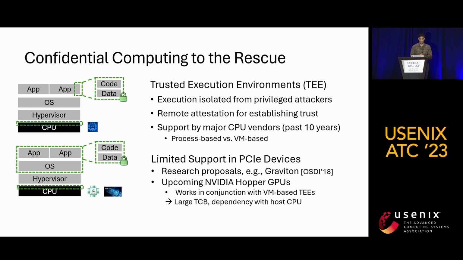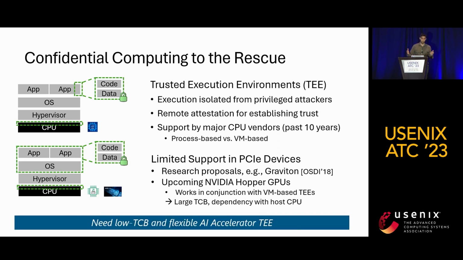They're great. They work in conjunction with VM-based TEs, like the ones from AMD and Intel. But I believe that they come with large TCBs, right? You have to trust entire runtimes, entire device drivers, OSs, and that's quite bad for a tenant to decide whether they need to trust. You go from trusting a kernel, to needing to trust the entire system.